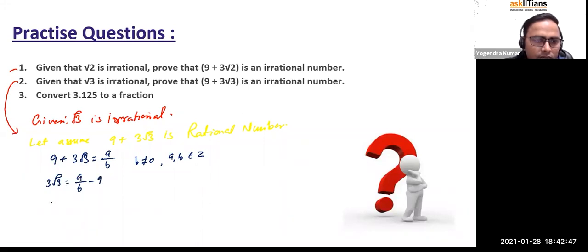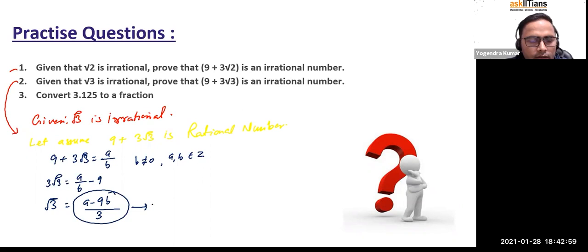So we can write root 3 to be a minus 9b divided by 3. Now this is a rational number, because of integers, but on this side we have an irrational number. So it is never possible, right? As I told, irrational cannot be equal to rational.